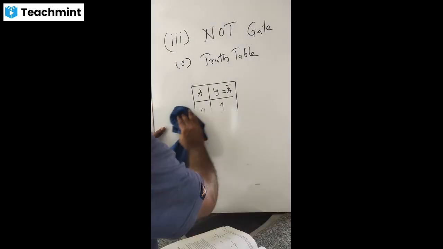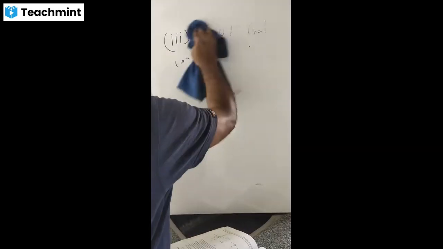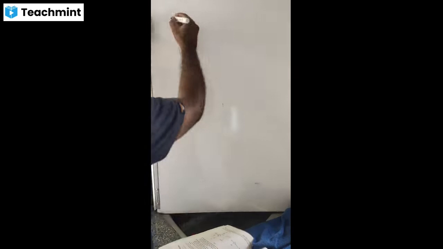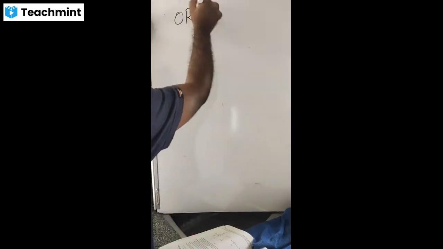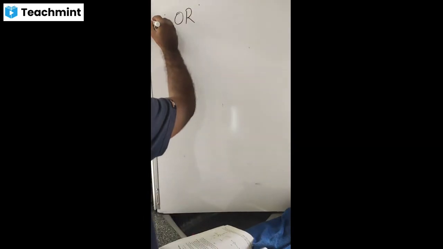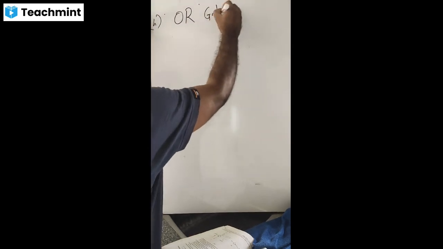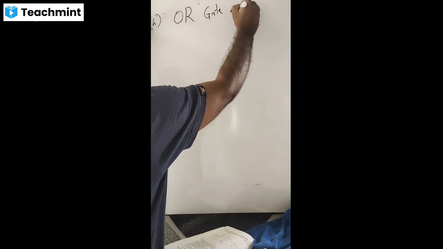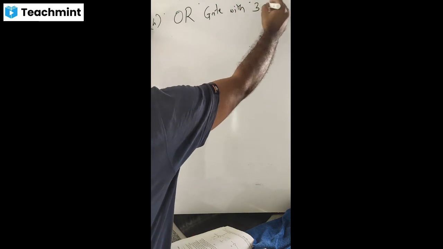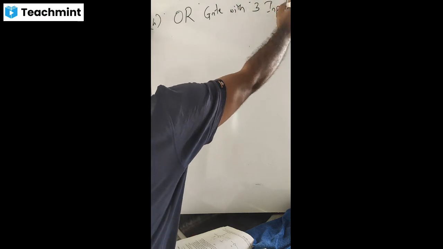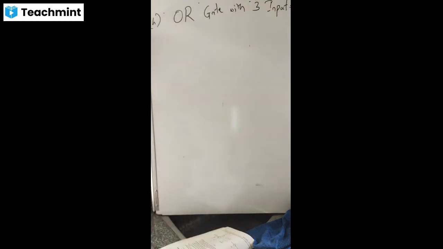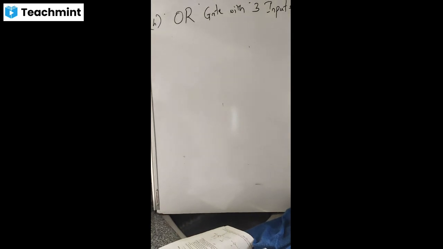Let us discuss OR gate. You can write this as the fourth one: OR gate with three inputs. OR gate with three inputs.